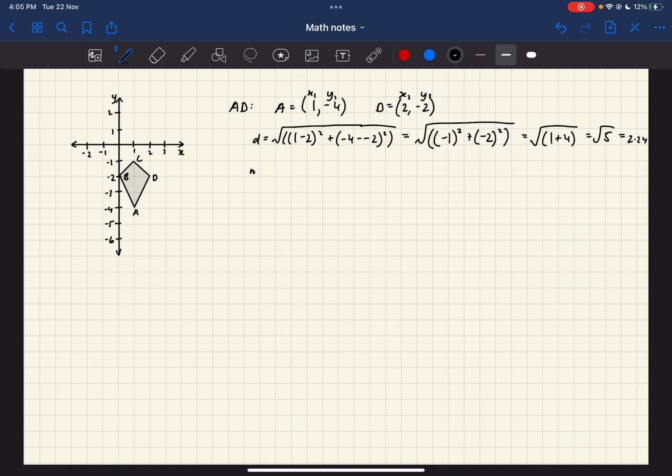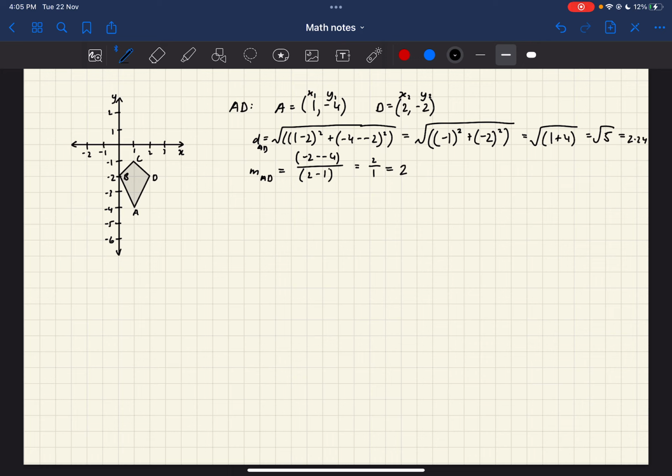We've got our gradient equaling y2 minus y1 over x2 minus x1, which equals 2 over 1, which is a gradient of 2.